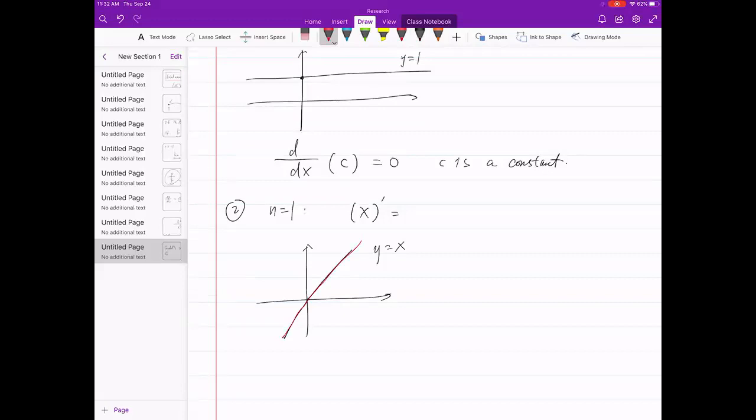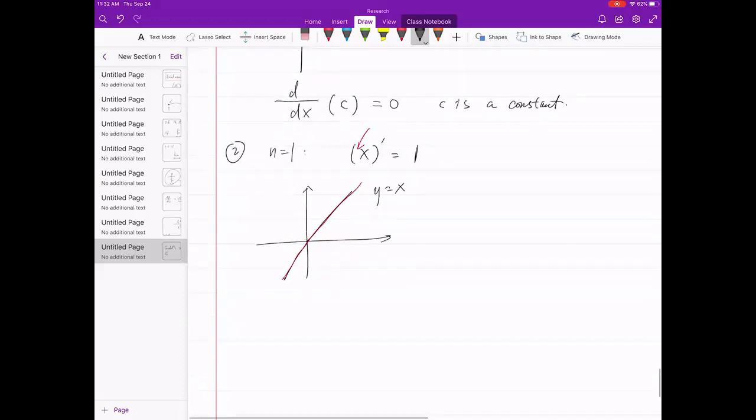Sounds good? Then what's the slope of the red line? It's the same as the black line. It's the same as the slope here. So the answer is 1 because the slope of this one is 1, which is the same as the tangent line. So this is another fact.